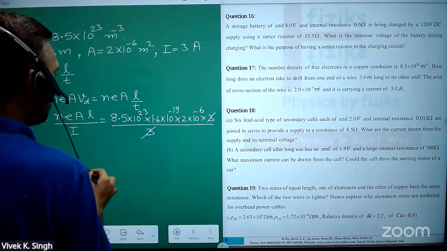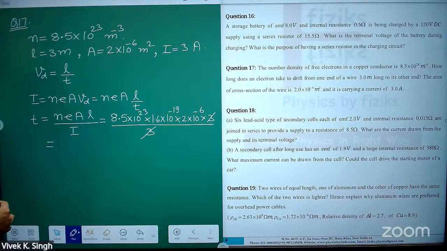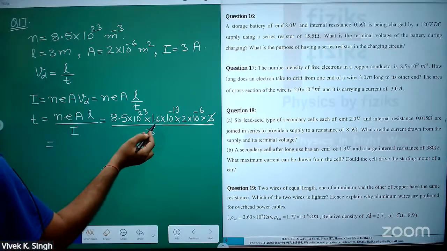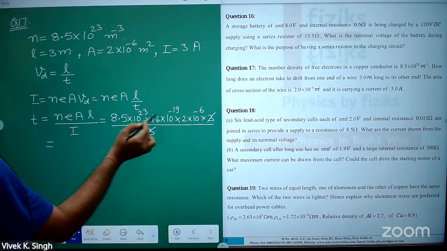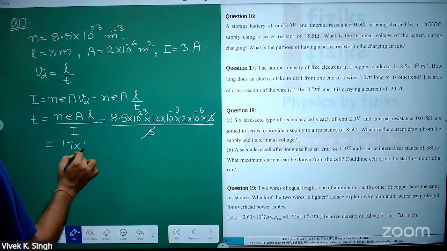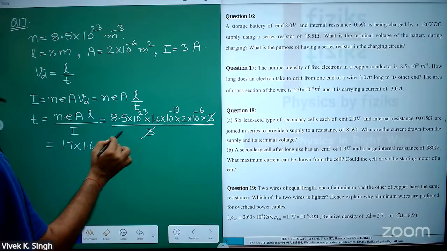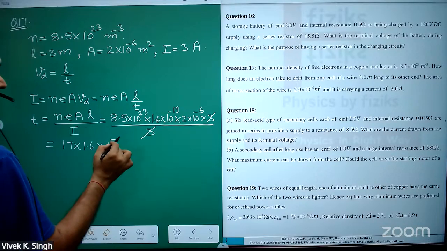So this 3 will cancel out. If you calculate this value, that will give you 2 into 8.5 is 17 into 1.6.